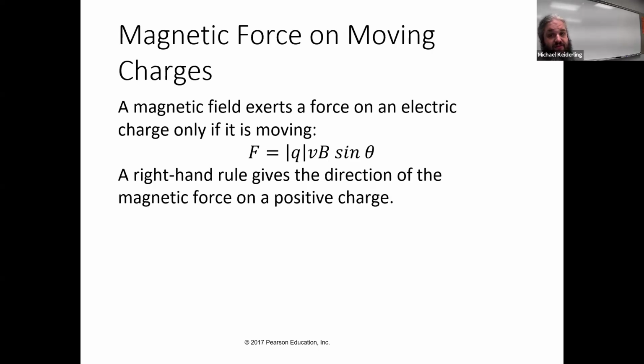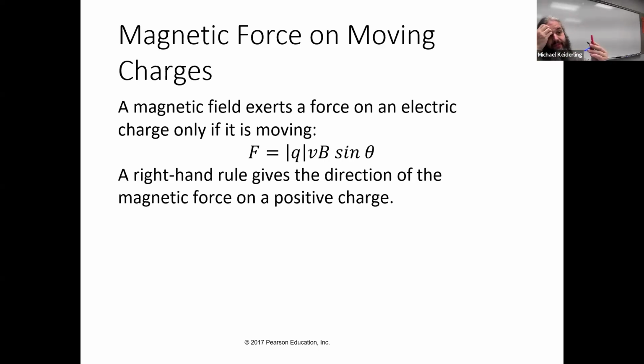A magnetic field exerts a force on an electric charge only if it's moving. That force is charge times velocity times magnetic field times sine of the angle between them. And a right-hand rule gives the direction of the magnetic force on a positive charge.